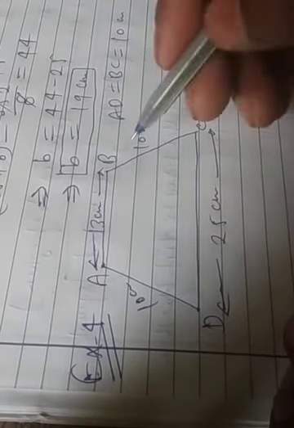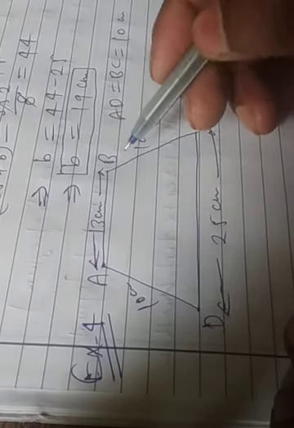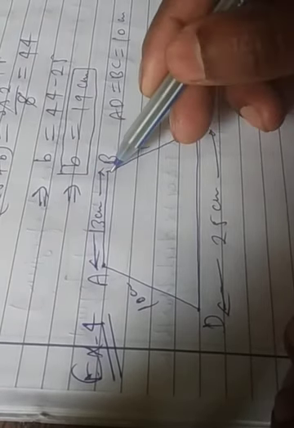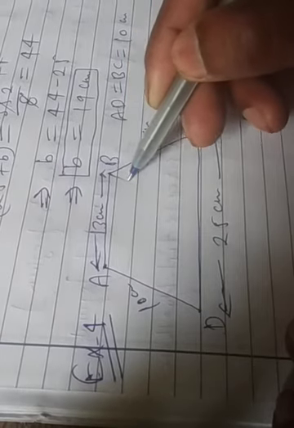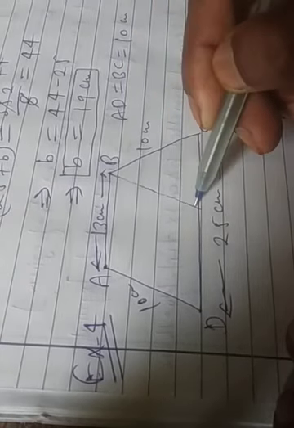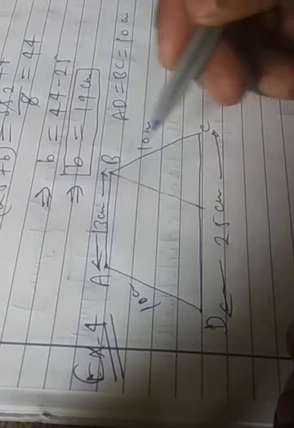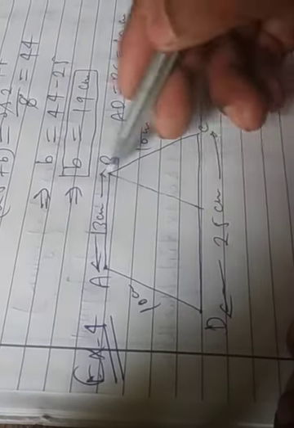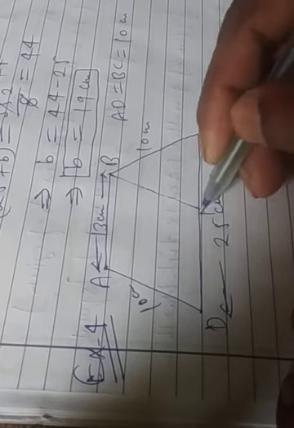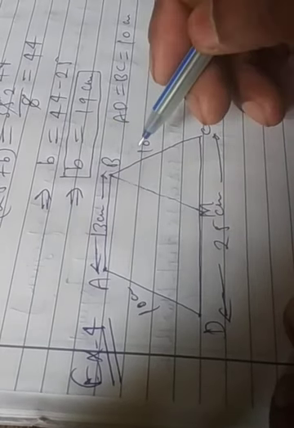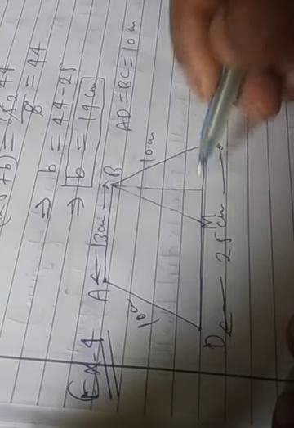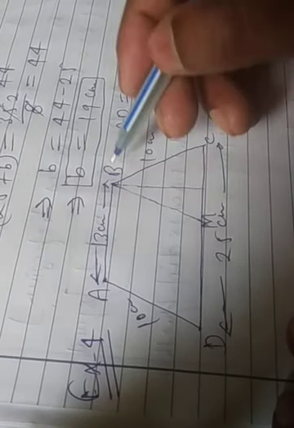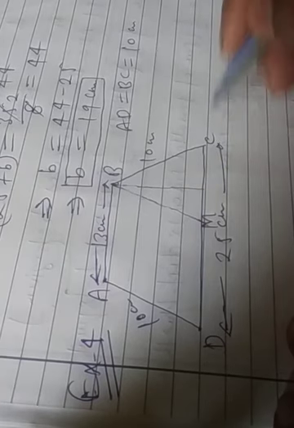Now we need some construction. We draw a line parallel to AD and passing through B. Let us take this as BM. And we also draw a perpendicular from B to CD.